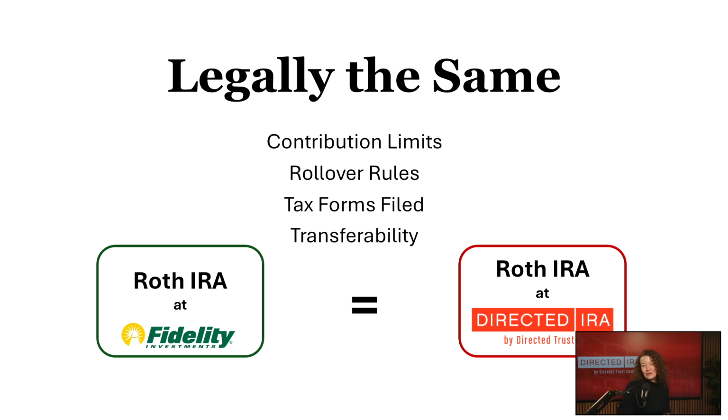So as you can see, all of that is exactly the same, whether you've got an IRA at Fidelity or Schwab or wherever. If you're doing contributions there or rollovers and transfers, we can do the same exact thing for you here. None of that changes just because your institution changes. So everything is essentially the same. There's just that one key difference of what types of investments are allowed.